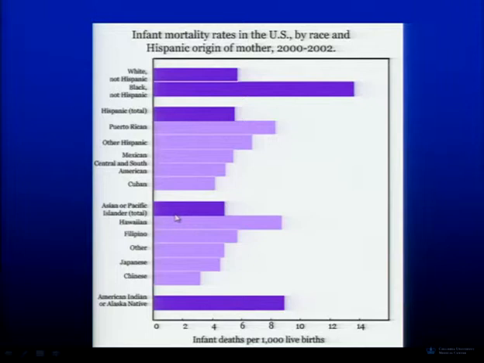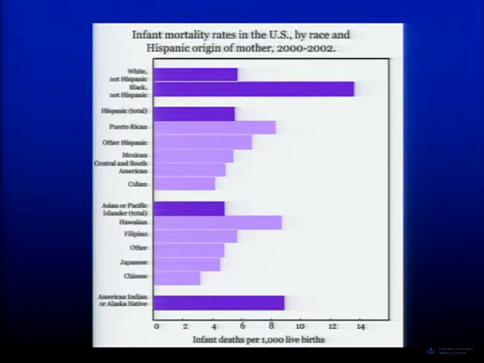And then they also go into Asian or Pacific Islander, with it broken down to Hawaiian, Filipino, other, Japanese, Chinese, and then American Indian or Alaska Native. And so you can see that within various subpopulations, even within the United States, we can see a difference in something as basic as the infant mortality rate. So any questions on this?